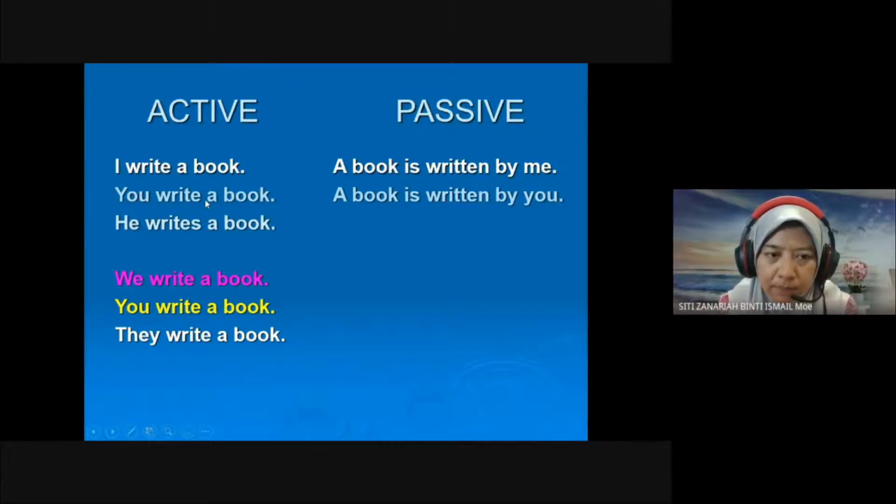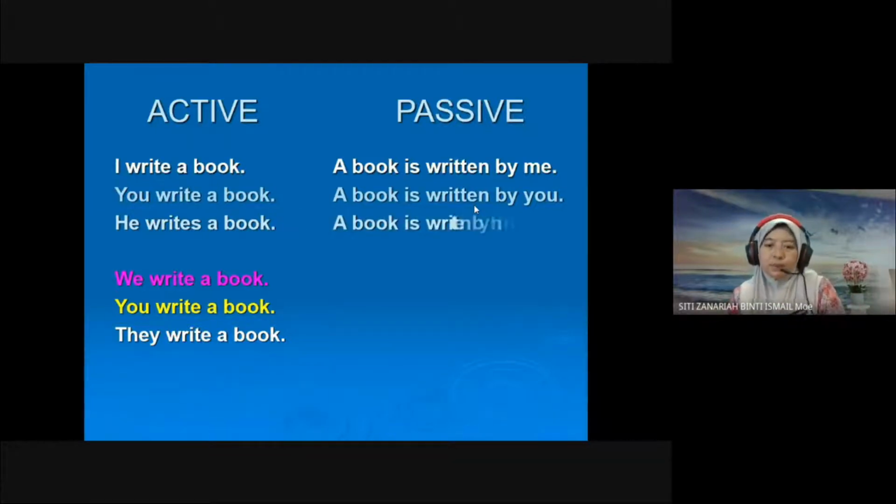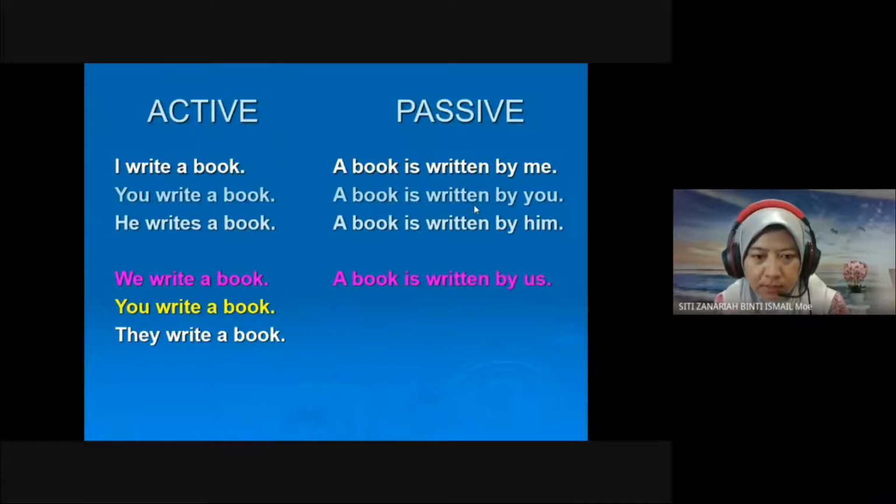Here it is using present tense, while for the passive voice, it is written in past participle. A book is written by him. The next one, a book is written by us. We change to us.